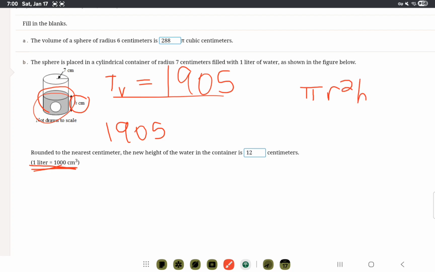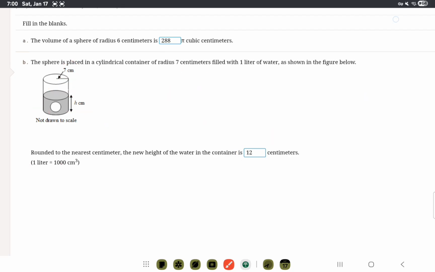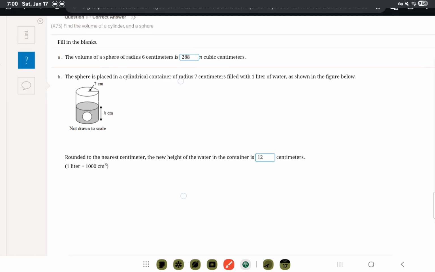So we're going to do equals pi r squared, which is actually 7, which is here, 7 squared times h. On your calculator, 1905 equals pi times 7 squared times x. You are going to get 12.3, rounded, and you get 12. That's it for 1.